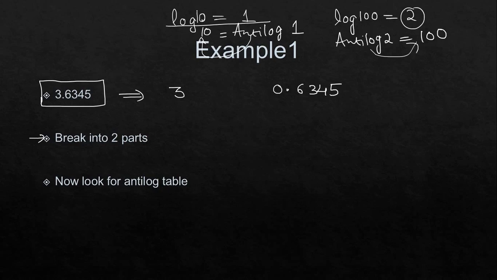Now if you remember in the log value calculation, we were counting the number of digits before the decimal. If 3 digits are present, we were subtracting 1 from that digit count, right?